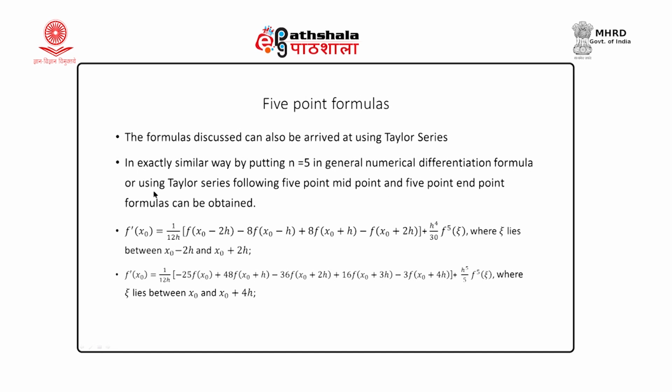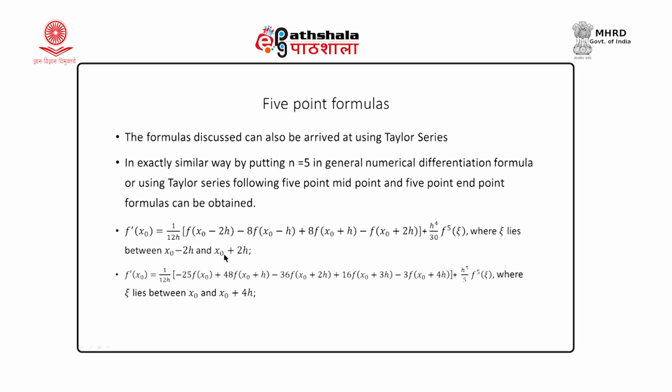So, the formula which we obtain using 5 points is f dash x 0 is given by 1 upon 12 h times f x 0 minus 2 h minus 8 f x 0 minus h plus 8 f x 0 plus h minus f x 0 plus 2 h, plus the error of the order of h raised to 4 by 30 f 5 xi, where xi lies between x 0 minus 2 h and x 0 plus 2 h. This is like your midpoint.